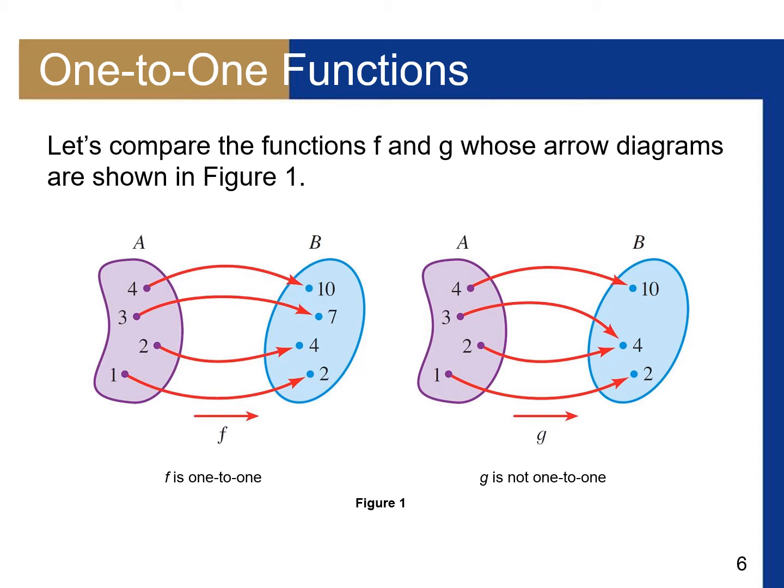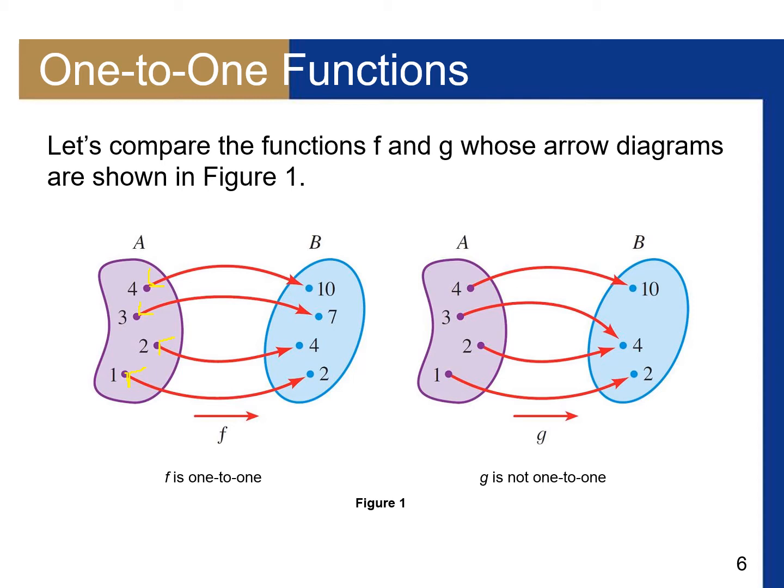This would mean that I could go backwards, and every one of these y values over here has a different x value if I go the other way around. So if I am reversing it, I still have unique answers. If I end up putting my range in for my domain, I can go the other way.